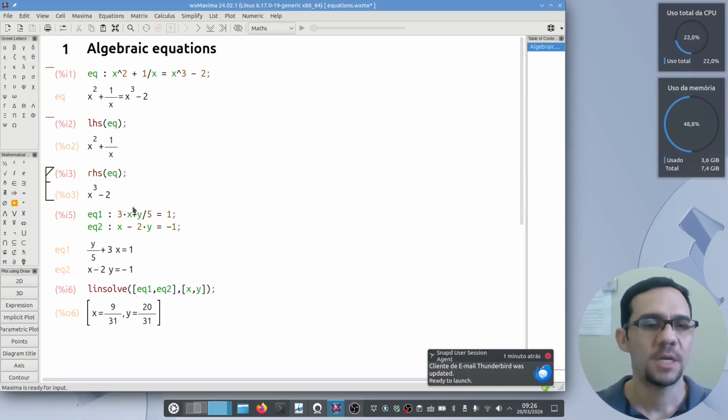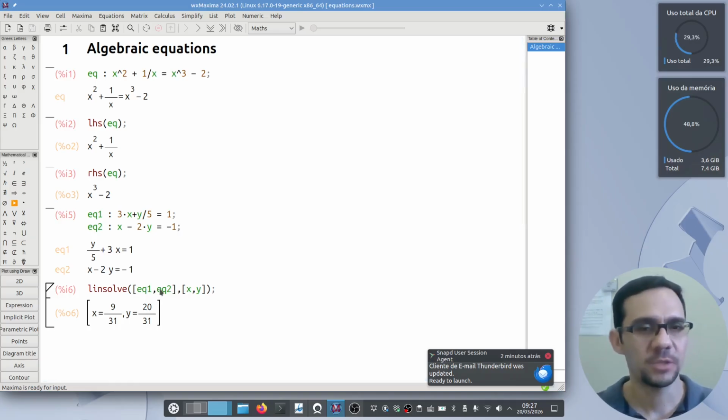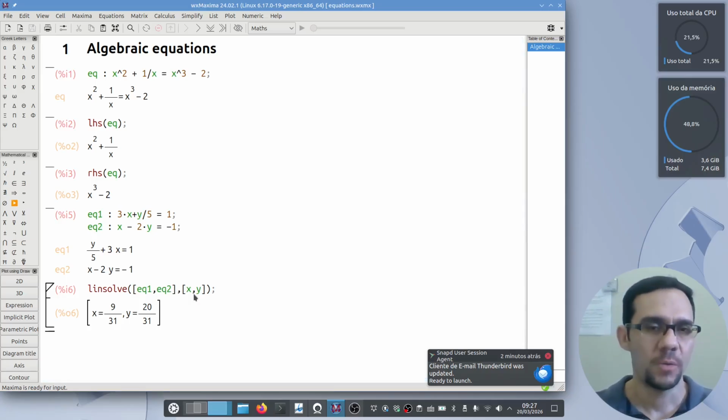And Maxima gives us the solutions. So LinSolve solves this linear system, and the first entry here is the equations, and the second entry is the variables in this case. If you have more than two equations, we can also solve, but here the first entry is going to receive, for example, 3 equations, and the second entry the 3 variables we want to find.